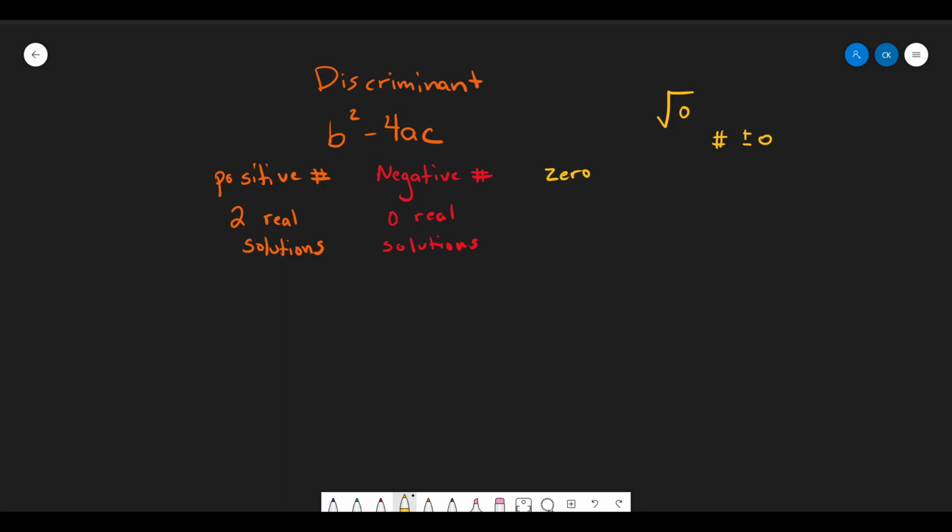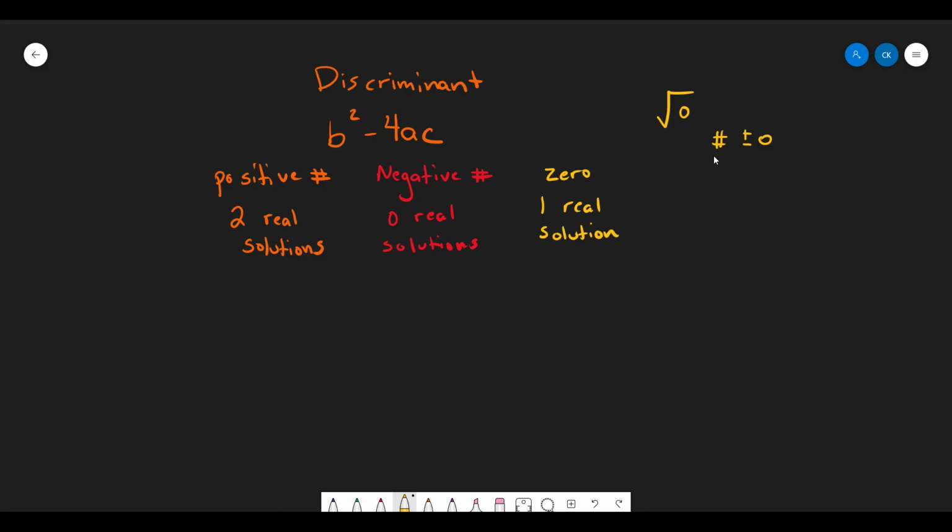Any number plus 0, you just get the same number, and any number minus 0, you get the same number. So what that means is that I'm only going to get one answer from this. I'm not going to get two different ones, because when I take this number and add 0, I just get the number. When I take this number and subtract 0, I just get that number. So I'm only going to get one real solution.